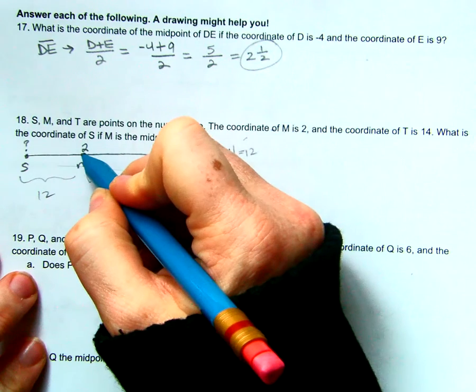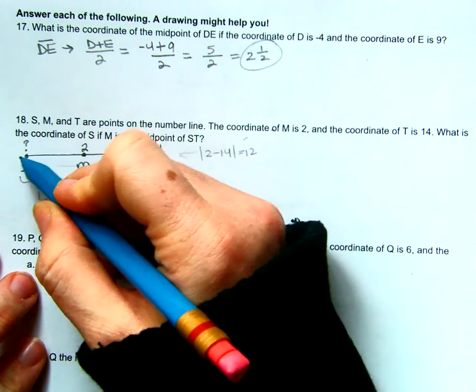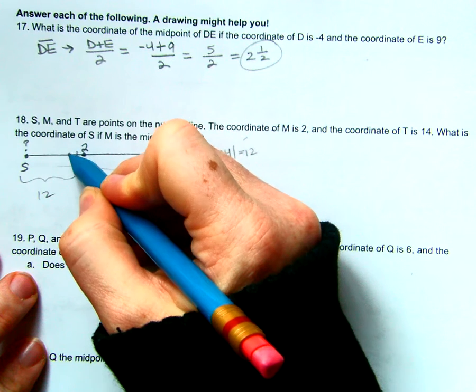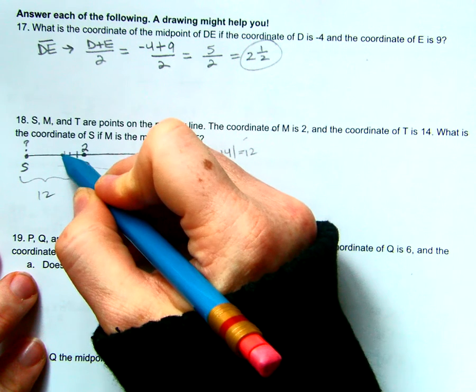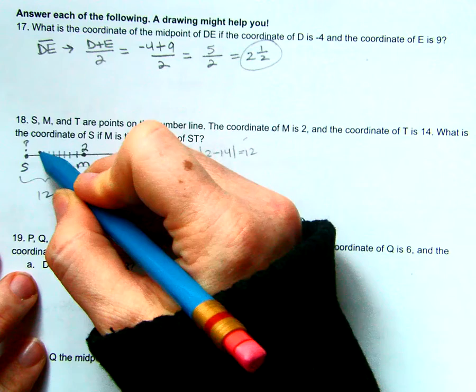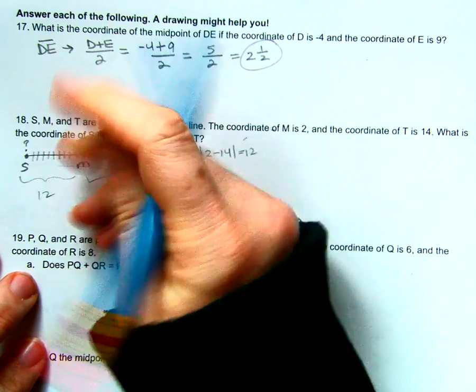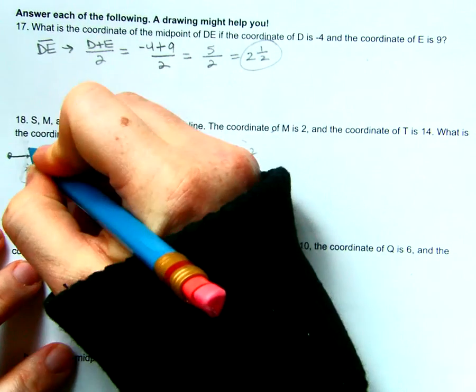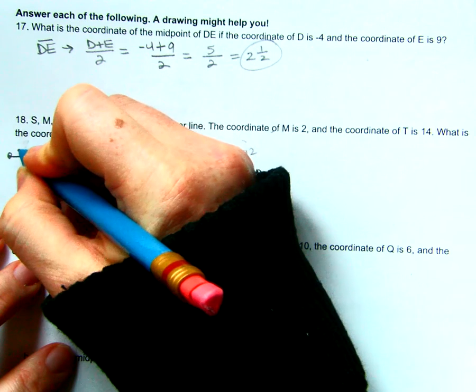I can count back from 2, 12 units from 2, like 1, 0, -1, -2, -3, -4, -5, -6, -7. I haven't gone 12 yet. -8, -9, -10.